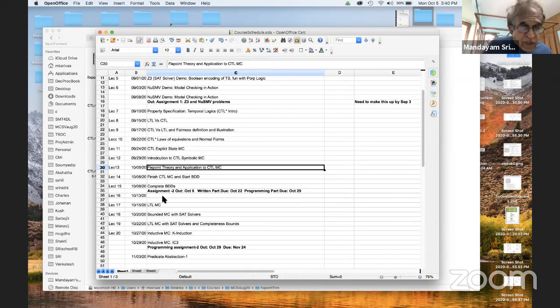So this is roughly the plan. We'll talk about fixed point theory and its application to CTL model checking. I'll finish up symbolic model checking of CTL next time, and I'll start talking about BDDs, binary decision diagrams, because that's one convenient way of implementing these fixed point manipulations.